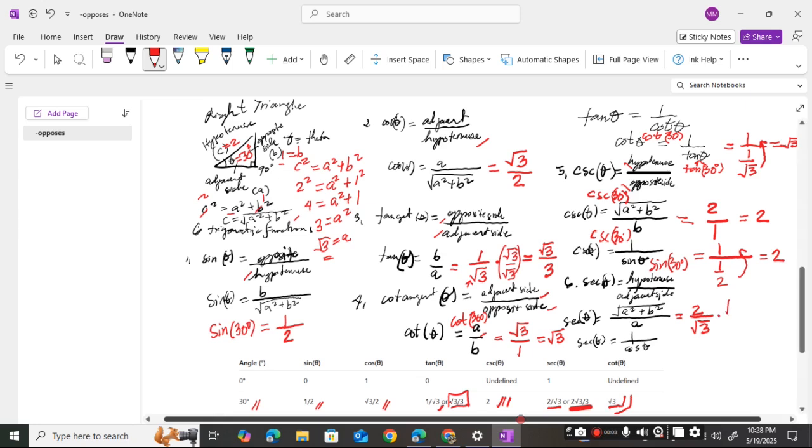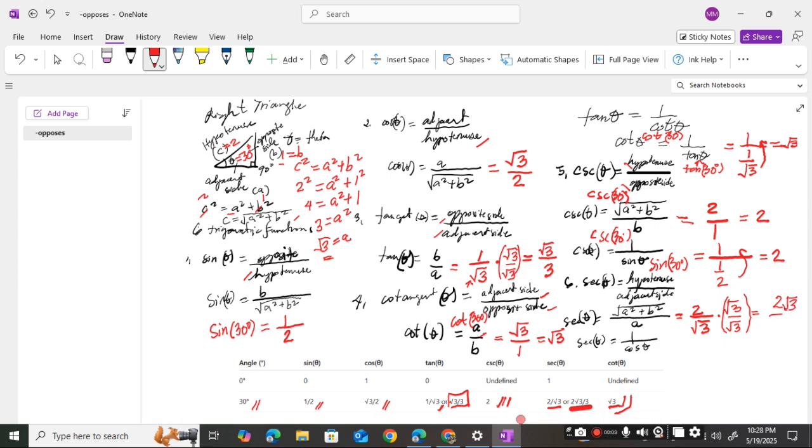We multiply by square root of 3 over square root of 3, and the reason is quite obvious: that's still 1. If we multiply 2 by square root of 3, it becomes 2 square root of 3, divided by square root of 3 times square root of 3, which is simply 3.